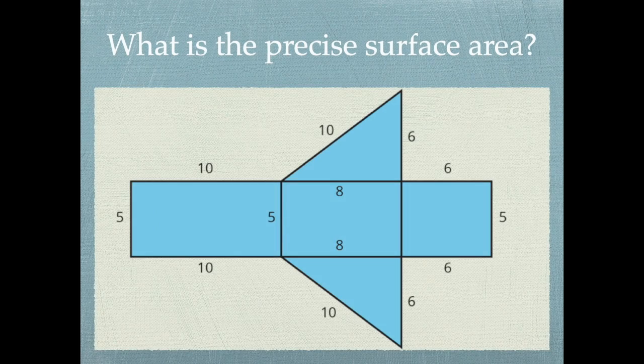So now I can calculate the area of each face. So I find the base and height and I multiply them. And then I find the base and height here and I multiply them. And then I find the base and height here and I multiply them. Except on the triangles, I can't just multiply the base and height.